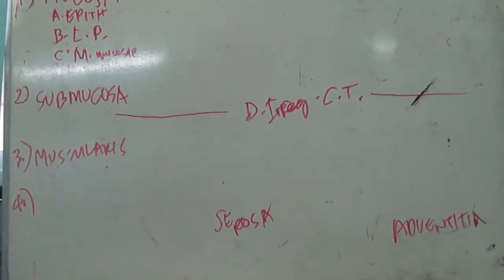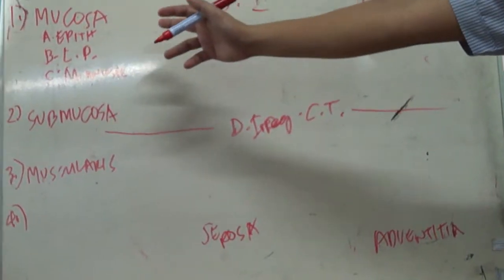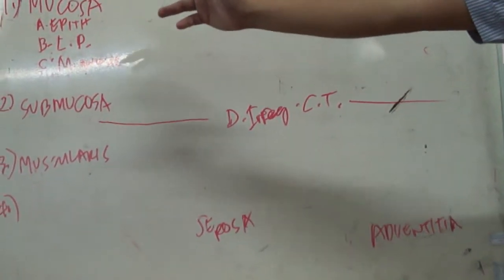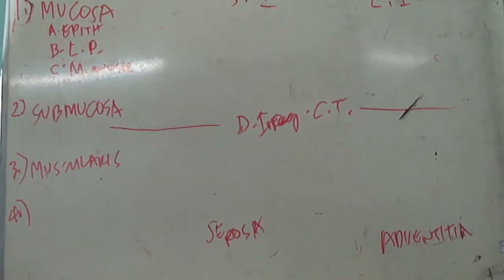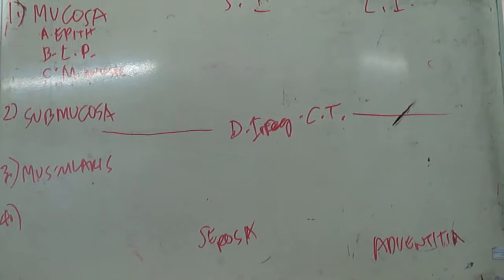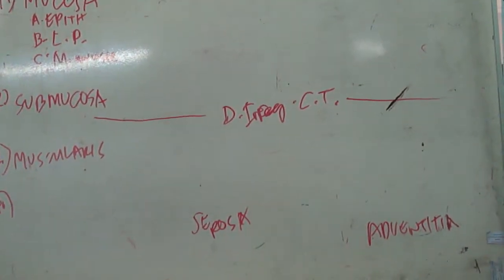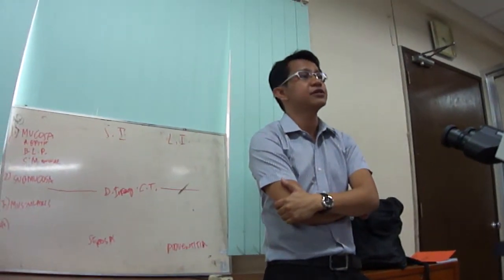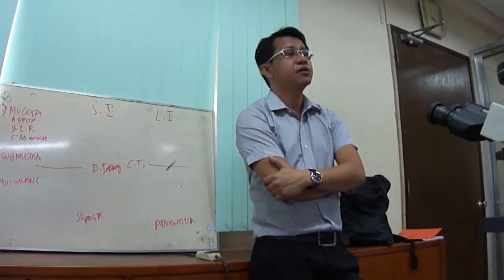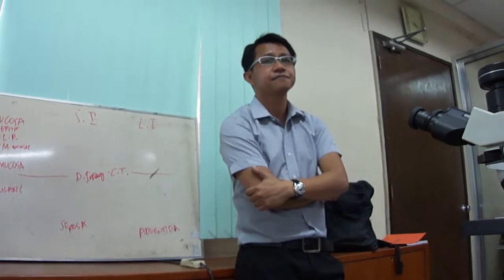So, going back to the esophagus, what is the epithelium of the mucosa of the esophagus? Stratified squamous. How about in the stomach? Simple squamous, and then the invaginations of the epithelium will form the gastric glands, which are actually in what configuration? Simple, coiled, or branched tubular glands.